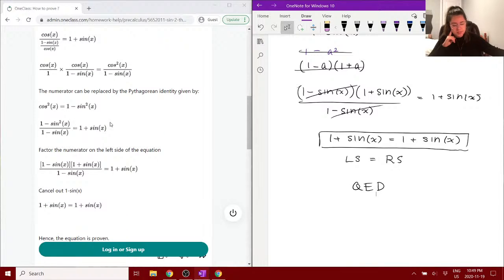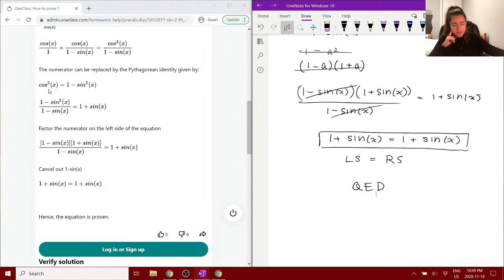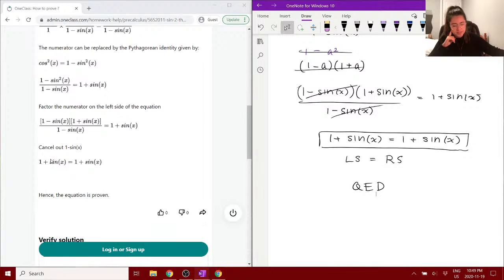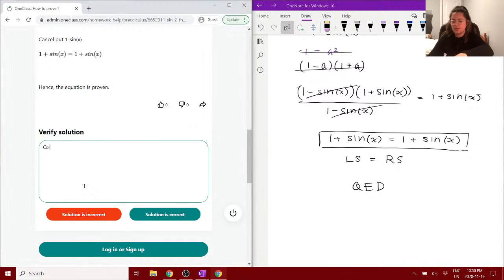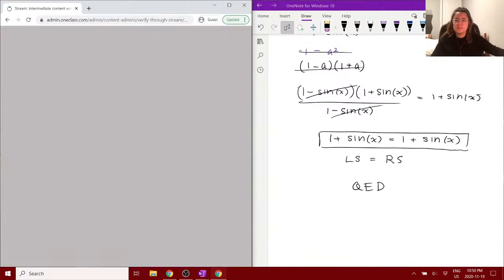And then we use the Pythagorean identity to replace the numerator. Okay, and expand it and cancel out to give the proof. Okay, correct solution. And that's all for that question.